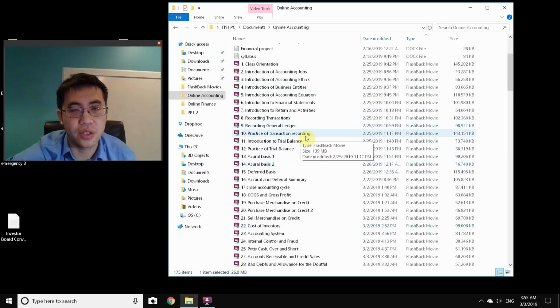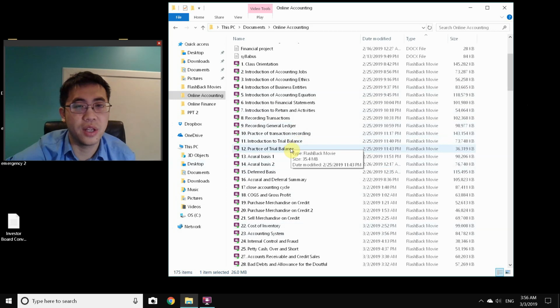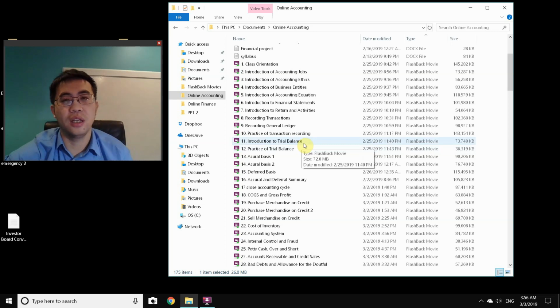You also have transaction recording and the trial balance, and the adjustment on the trial balance. You need to study that, especially the worksheet part for the trial balance, and how you conduct an adjustment, especially at the end of the accounting period when the unearned revenue has passed, or prepaid insurance has passed.